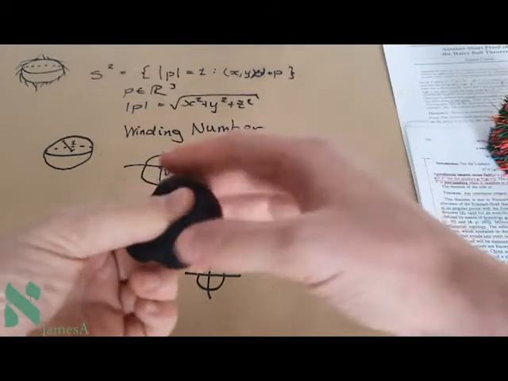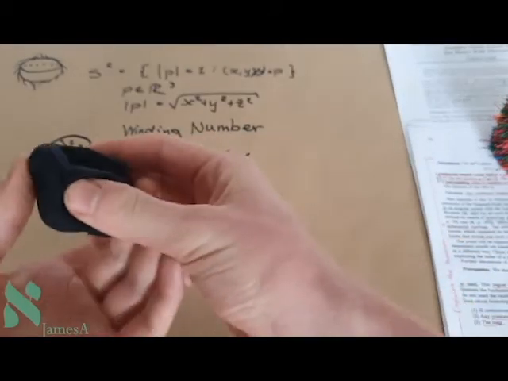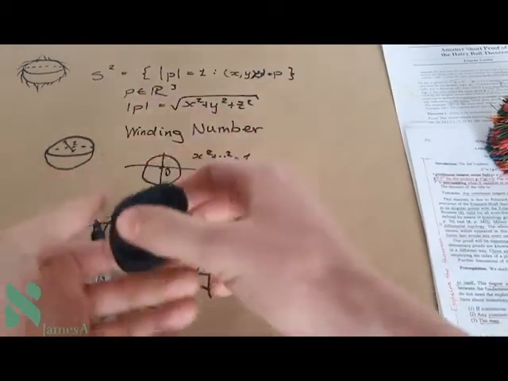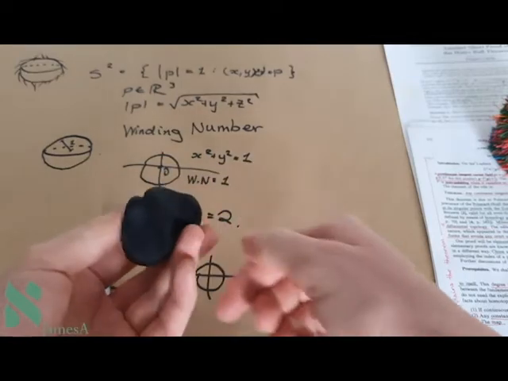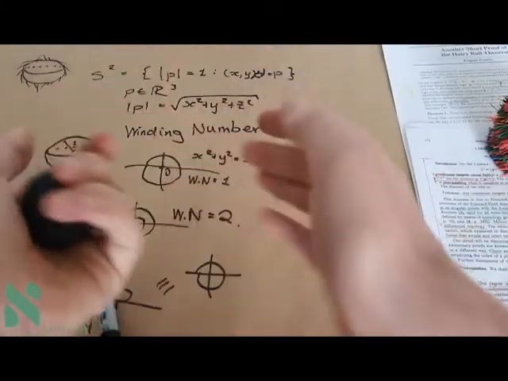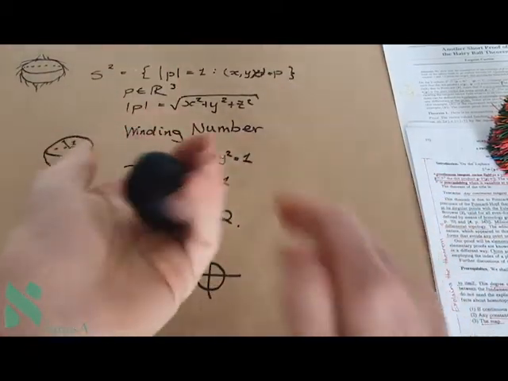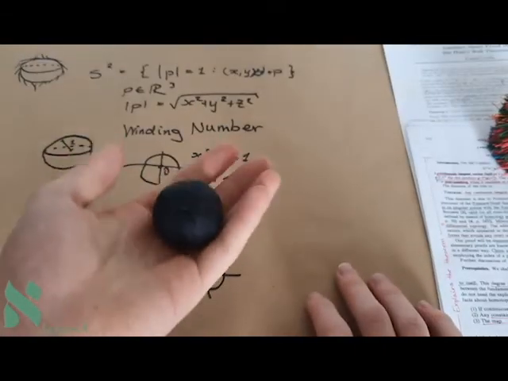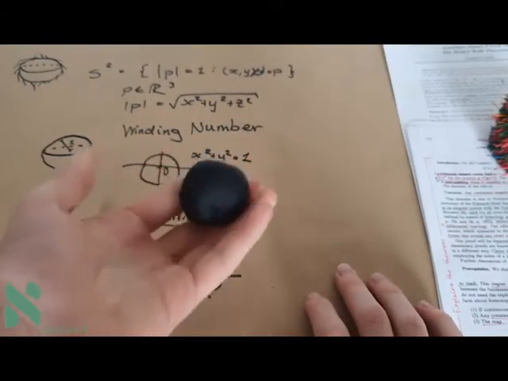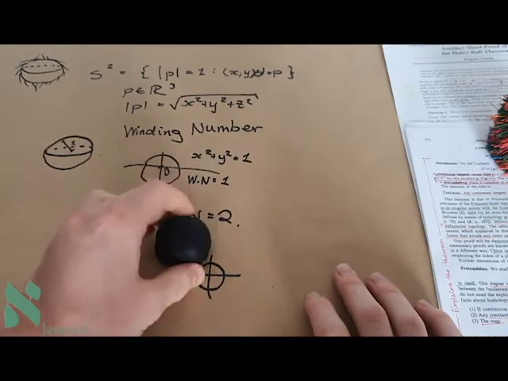So any sort of solid shape that we have in 3 dimensions is homeomorphic, which means the same as a sphere, because you can just meld it and mold it until you get into a proper sphere.